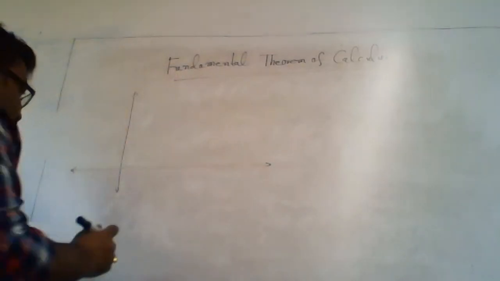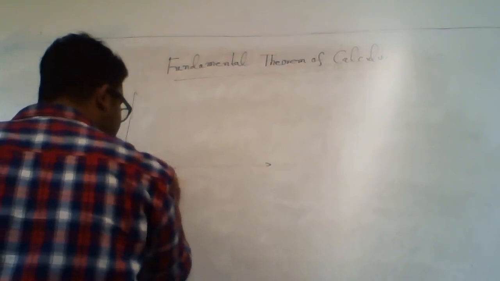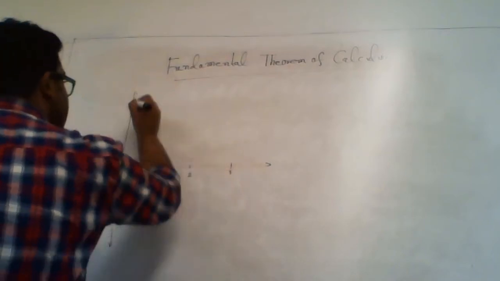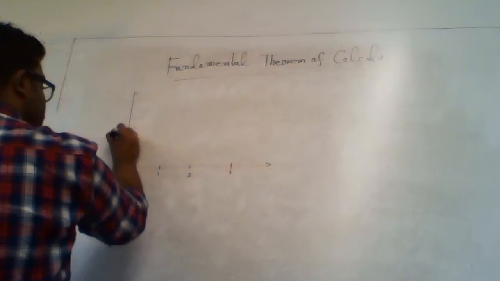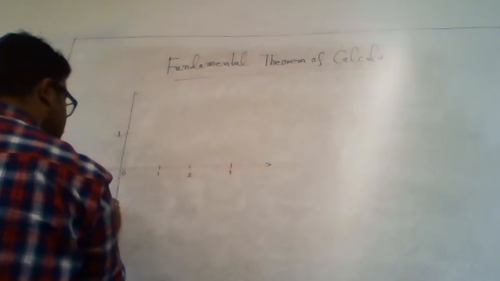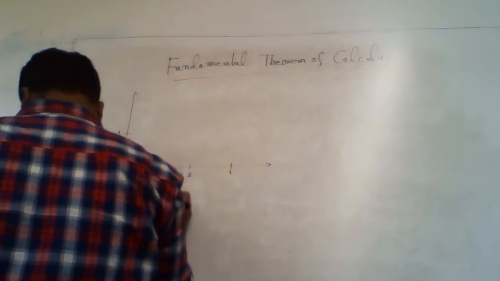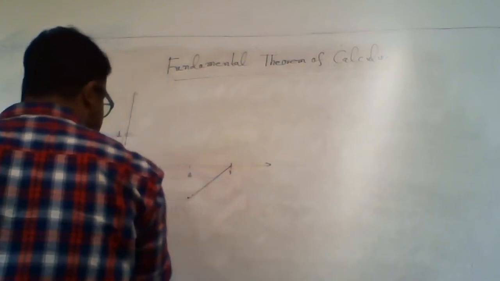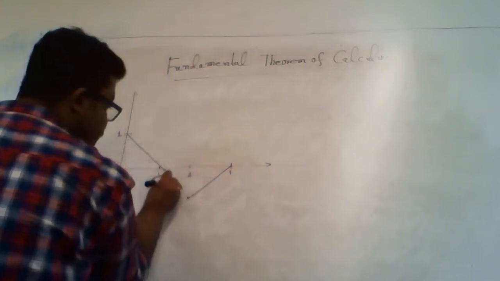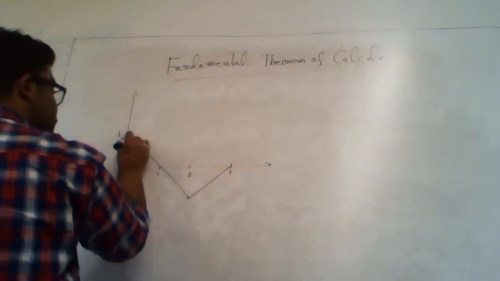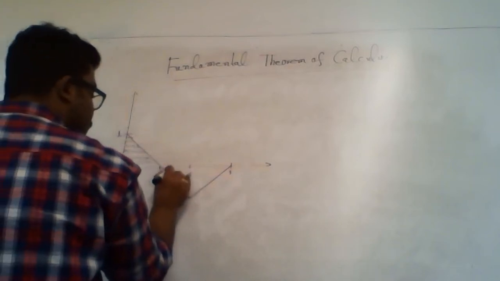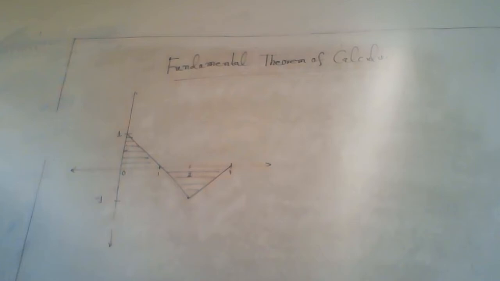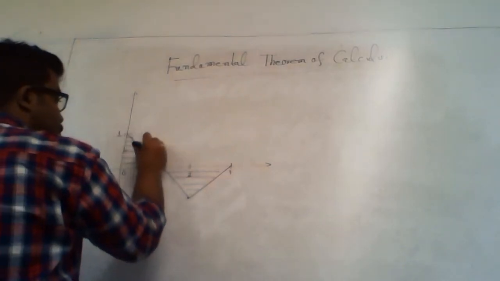This is the graph with points 0, 1, 2 and 3. This is my graph of the function y equals f(x).